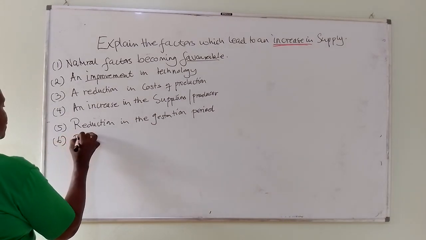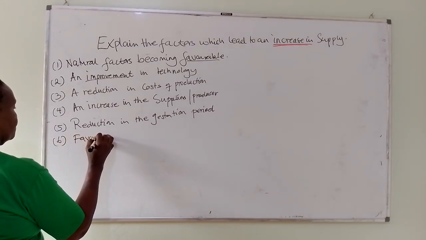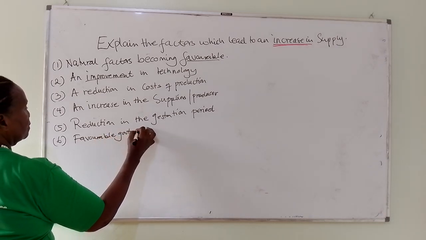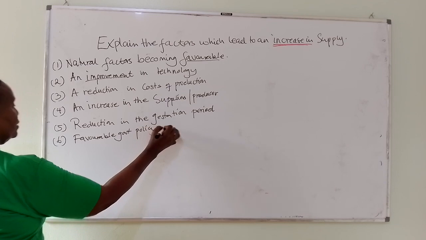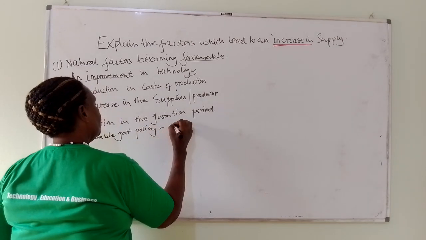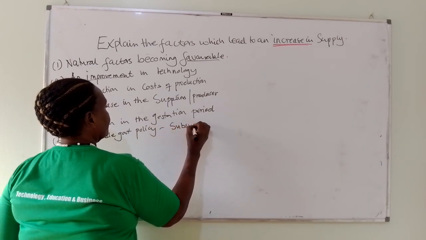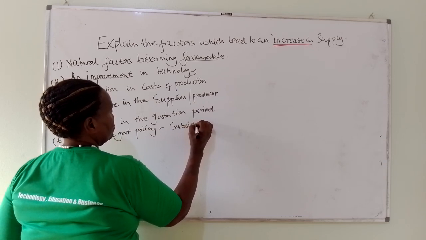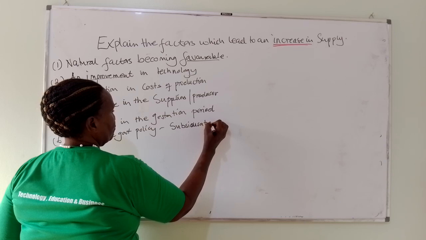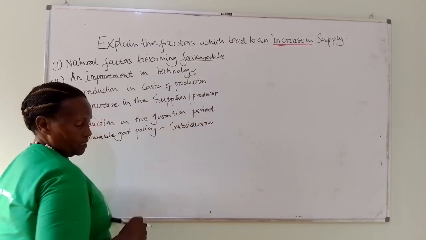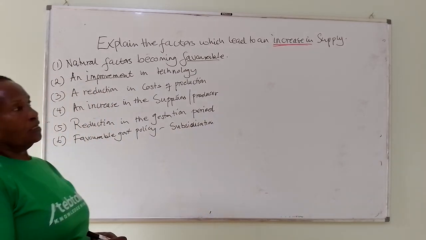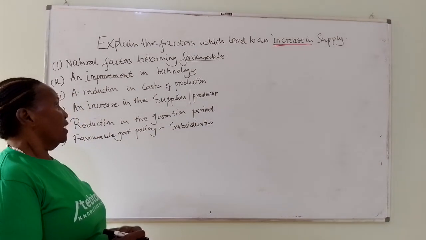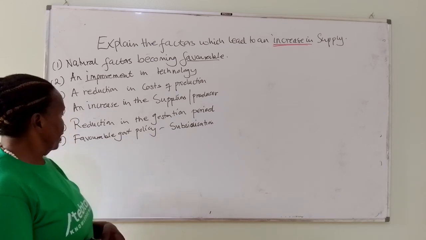Favorable government policy towards the product, and it is only favorable when it is a subsidy. Subsidization. So whenever government subsidizes the production of a commodity, it becomes cheaper to produce it, and many people may invest in its production, hence increasing its supply.